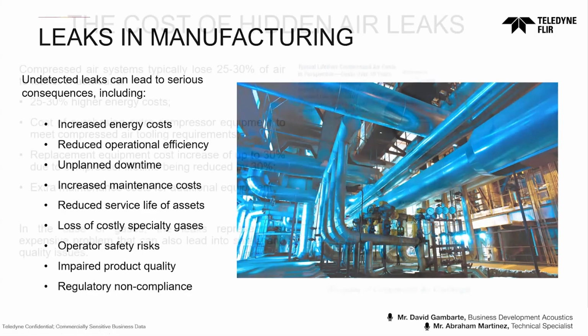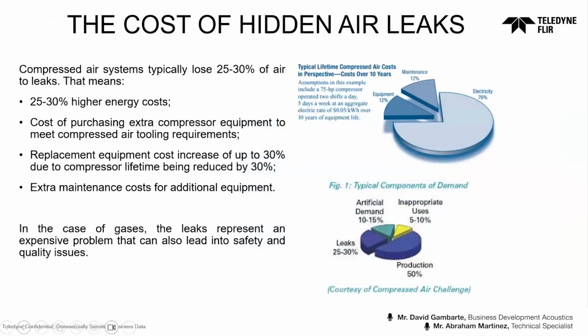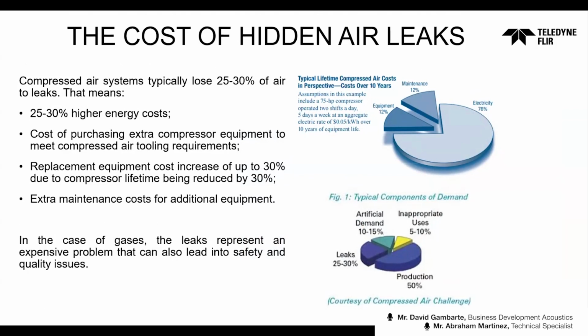Next slide. Well, regulatory and compliance, of course. Talking about the cost, this is about air leaks. When we are talking about compressor leaks, it depends so much on the conditions, of course. But the leaks represent a big loss.